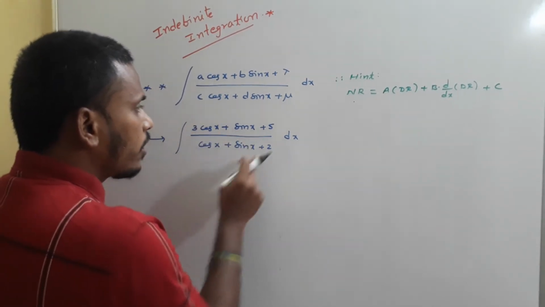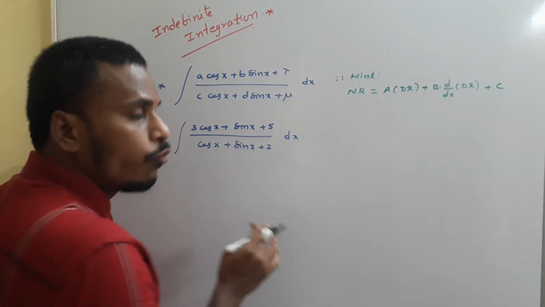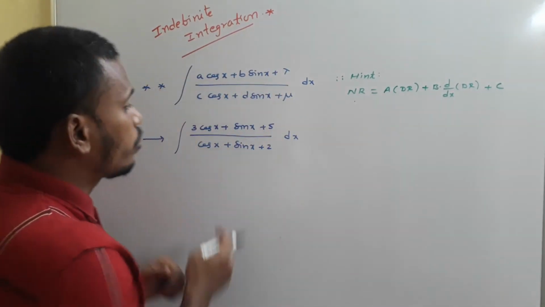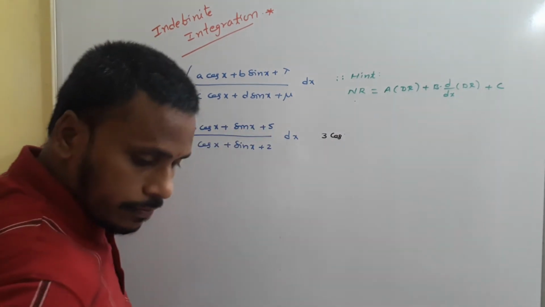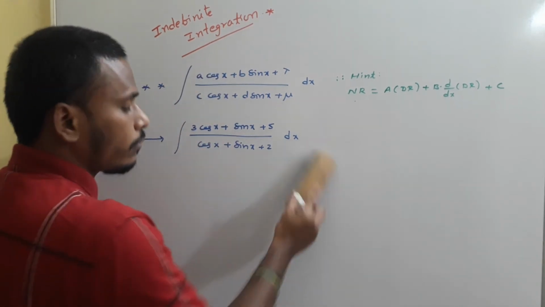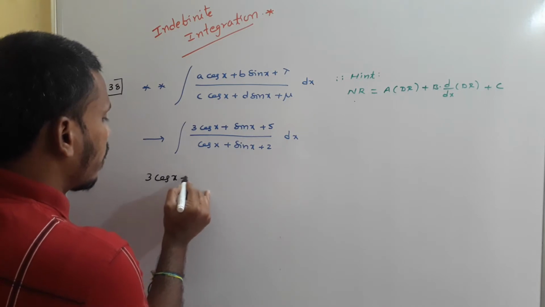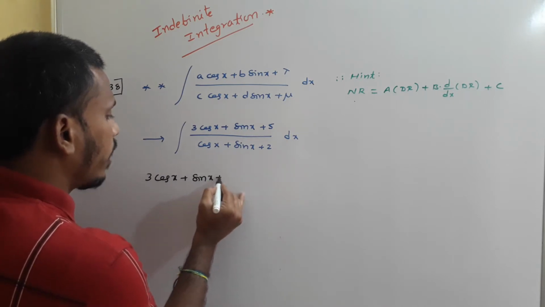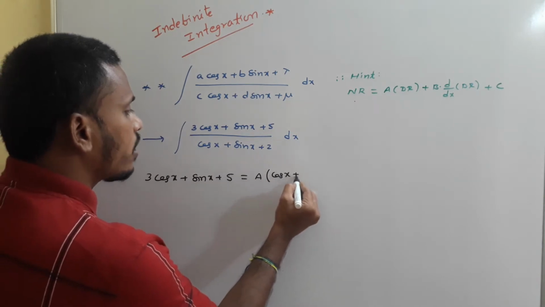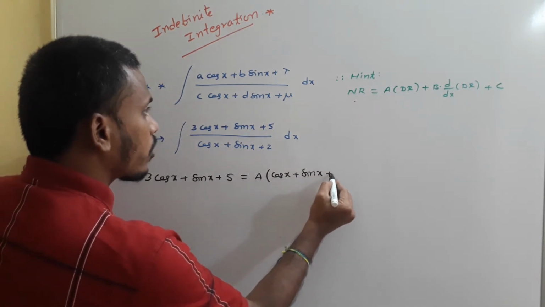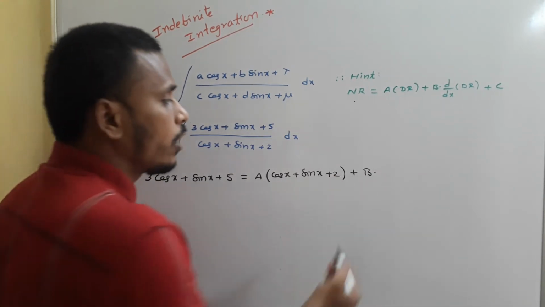Just have a look. For this problem, what is the numerator? To solve this problem, we need to move with this hint for sure. The numerator is 3 cos x plus sin x plus 5, which equals a times the denominator, cos x plus sin x plus 2, plus b times d by dx of the denominator.